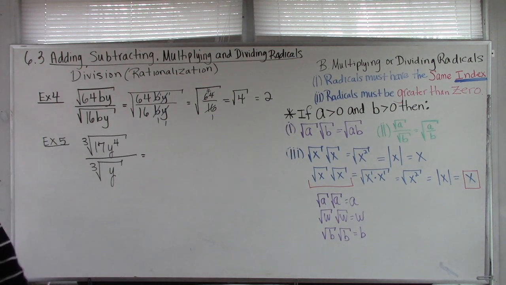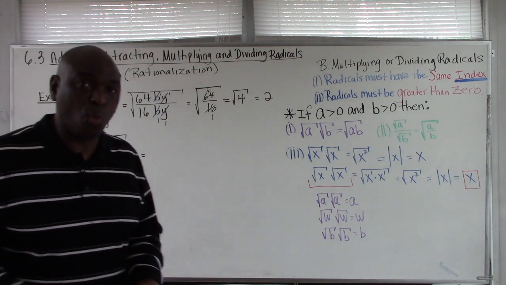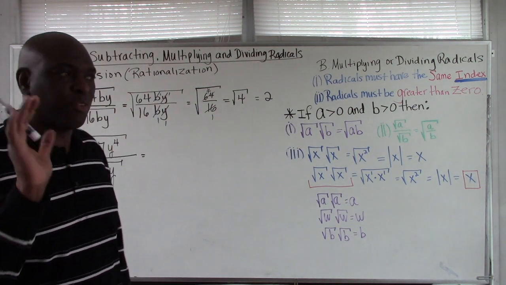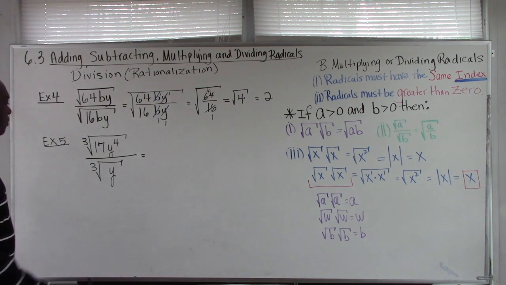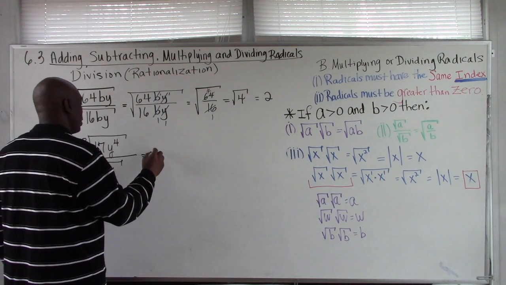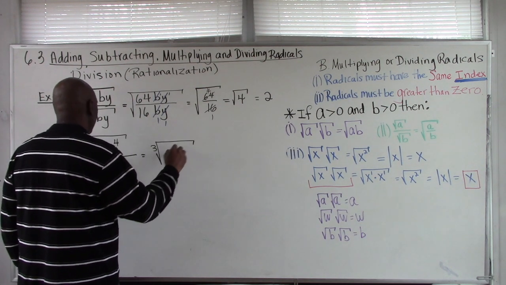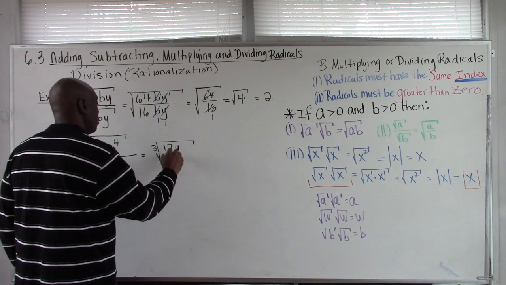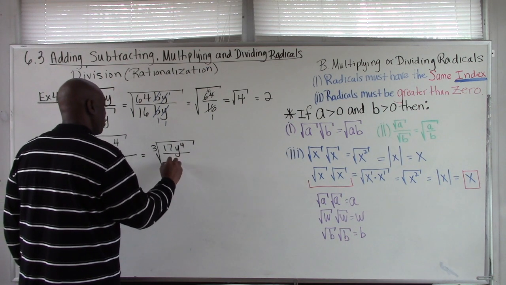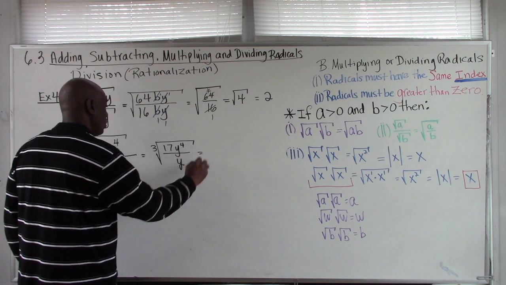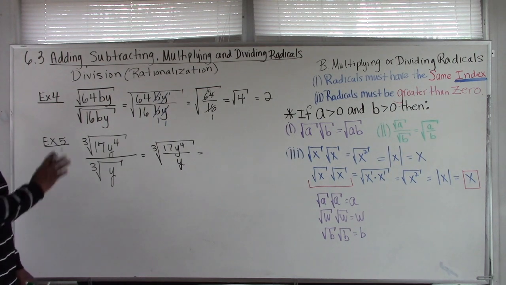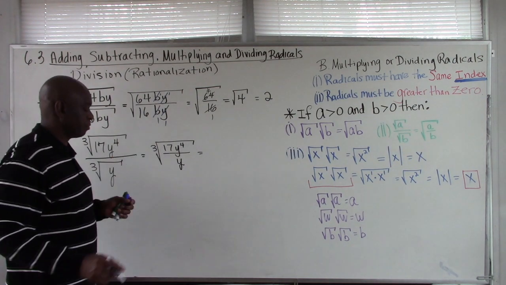What's that going to give us? The cube root of 17y to the 4th divided by the cube root of y. Well, we're going to have the cube root of 17y to the 4th divided by y, which equals, put it all under one house, under one radical.